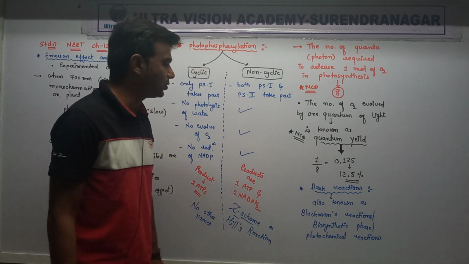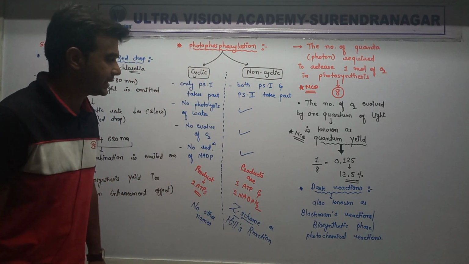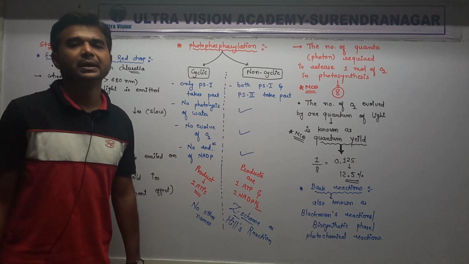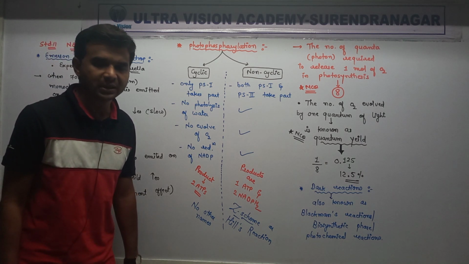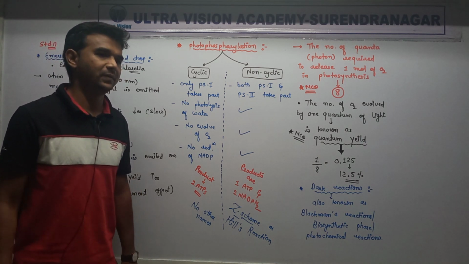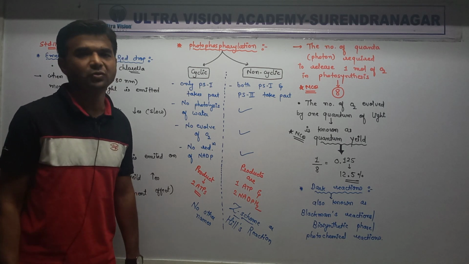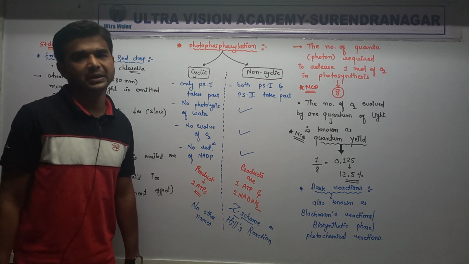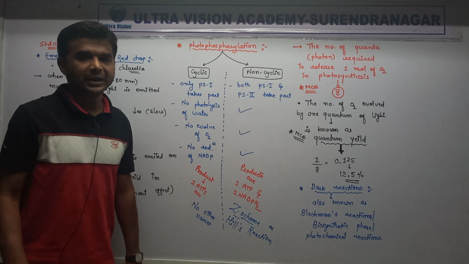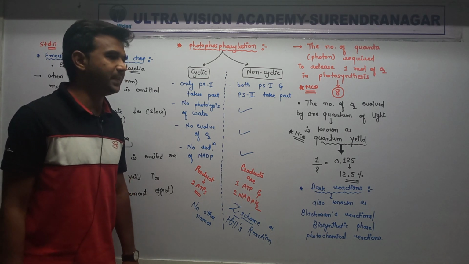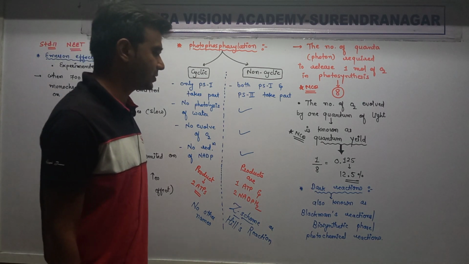And on chlorella, the oxygen 18 radioisotope was used, and when carbon dioxide comes in contact with RuBP sugar, RuBP binds with the carbon dioxide.